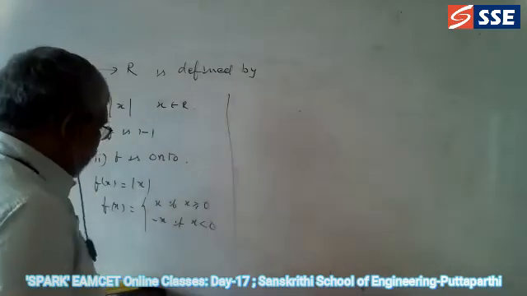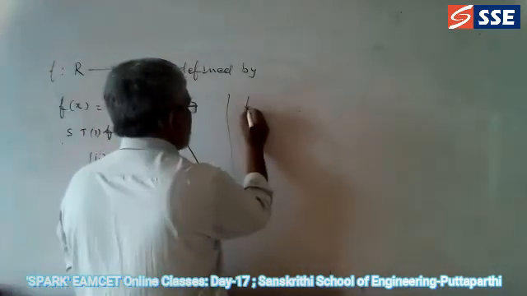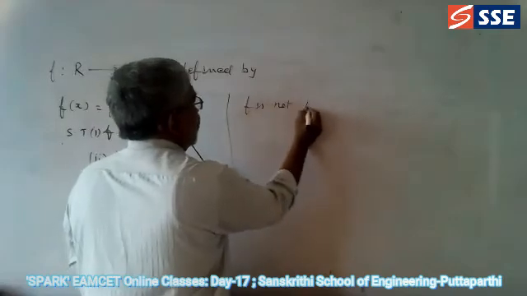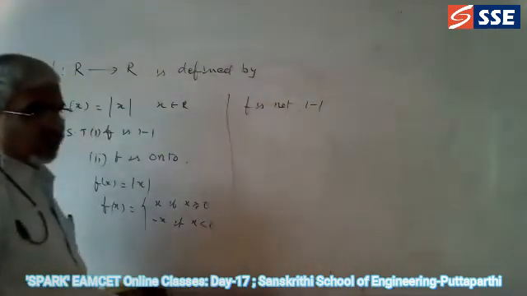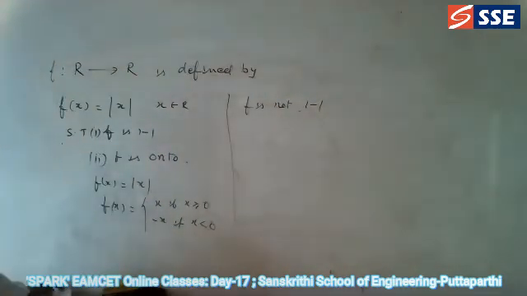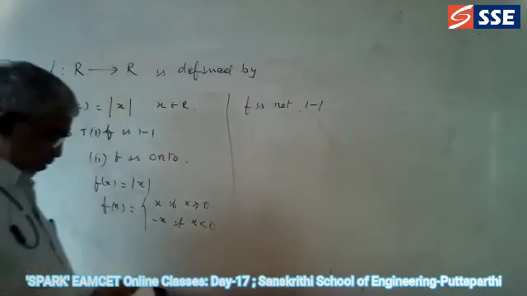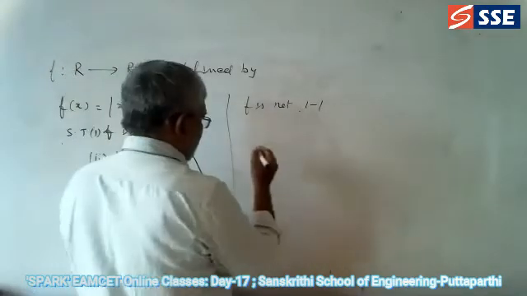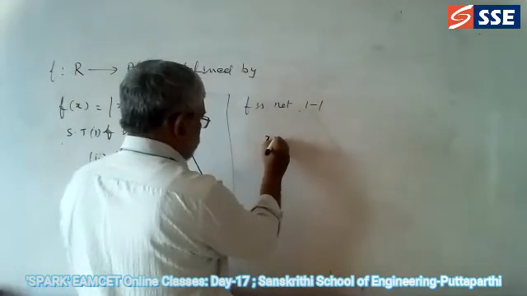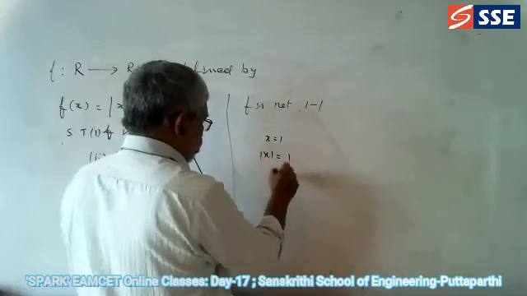Here, f is not 1 to 1. Why? From image to pre-image, if you are going, only one must be there. But here, for example, let us take the number 1. So x is equal to 1. So modulus of x is also equal to 1.